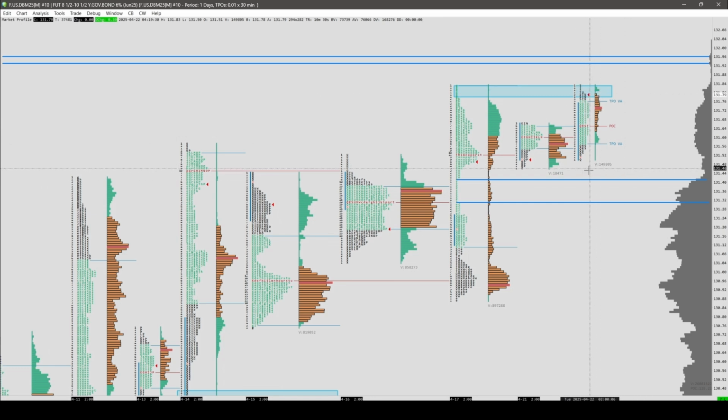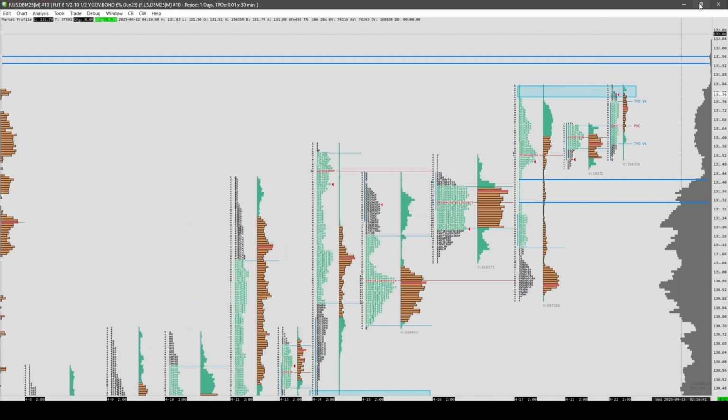So if the market is going to be going down, I will be looking for longs or shorts. We'll see how the market is going to react.